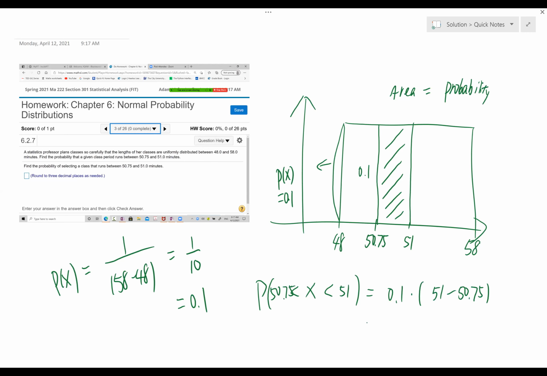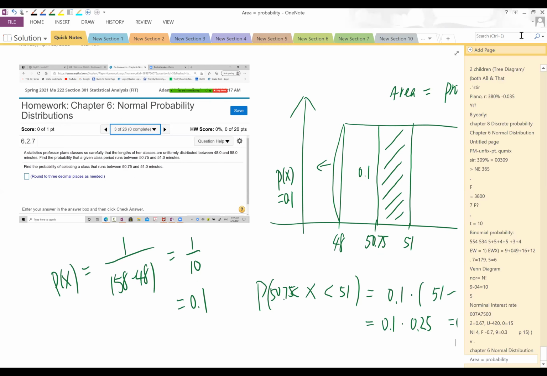If you simplify a little bit, it will be 0.1 times 0.25, and it will become 0.025. That means with a 2.5% chance, this class will run between 50.75 minutes and 51 minutes, right? So that's how we apply the uniform distribution to solve the problem.